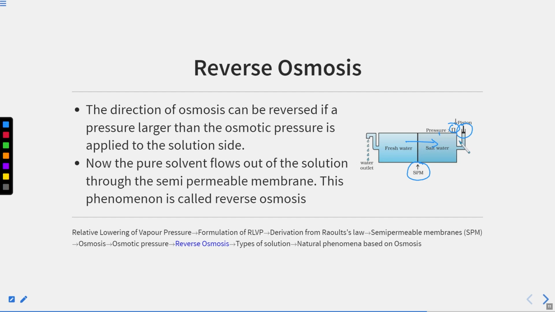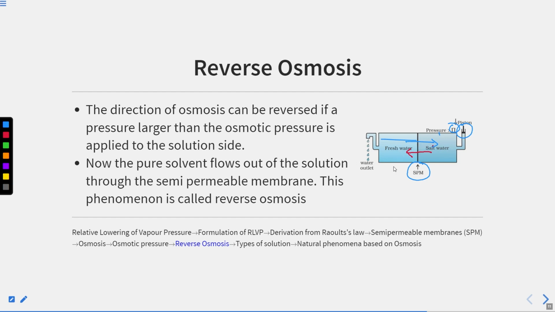As the pressure becomes greater than pi, the flow will take place in the opposite direction, means from higher concentration to lower concentration. It is possible that salt water would flow from here to there, but we know that we have put an SPM here, so it will only allow the solvent particles to move through these pores. So the water molecules start moving from this side to this side.